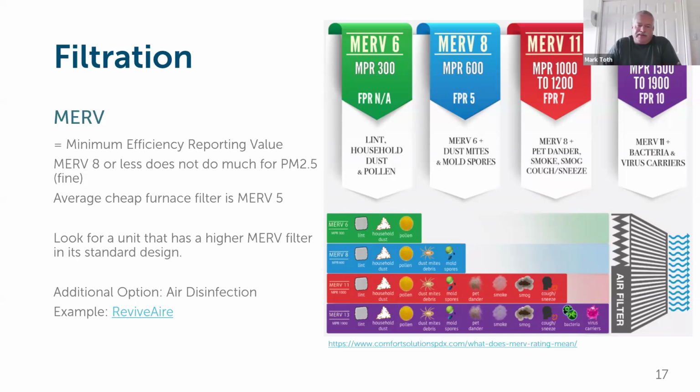It's a sliding scale, and again, at some point, the static pressure of having that better filter is going to overcome the ability of the fan to move air through it. And any filter, as it gets dirtier, is going to restrict airflow even more. So the better the filter you get, the higher the MERV rating, you're also probably going to need to change that filter more often, because it's catching more things and plugging up quicker.